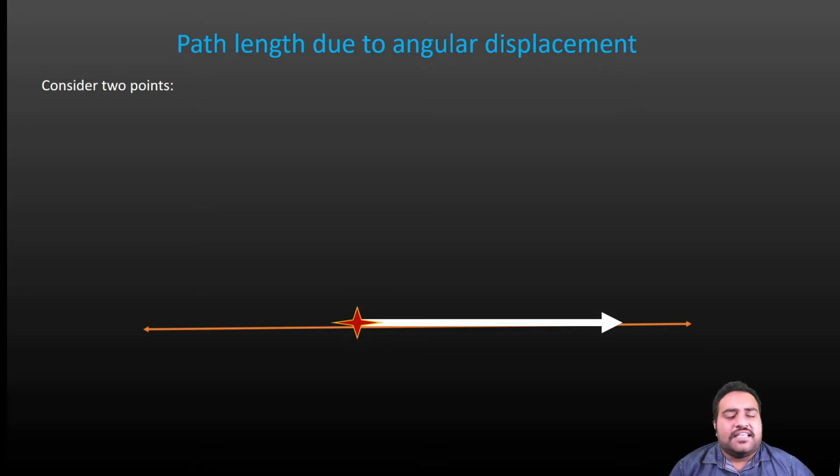What is the path length because of an angular displacement? The line which you are seeing here is the reference axis in the cylindrical coordinate system, and this is the reference point. Distance from this point would be rho, and the angle with this reference axis would be phi. Now consider two points, one point rho 1 comma phi comma 0, and the other point rho 2 comma phi comma 0, where rho 2 is greater than rho 1.